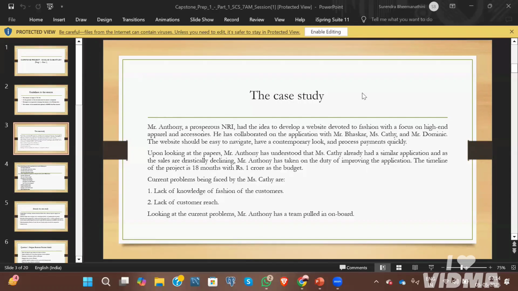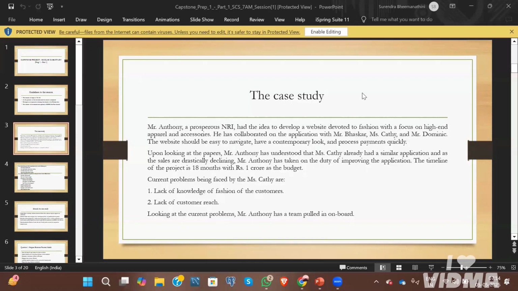The current problems faced by Miss Kathy for her application are lack of knowledge of fashion of the customers and lack of customer reach. Looking at the current problems, Mr. Anthony has a team on board. Mr. Anthony found that the application he wants to develop already exists with Miss Kathy, but her application is not doing very well.